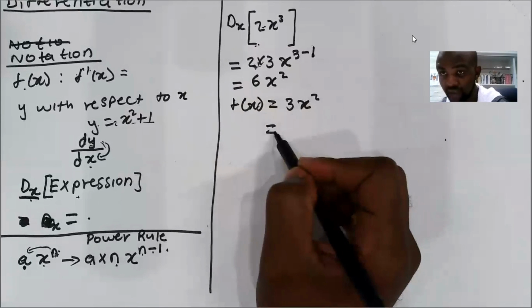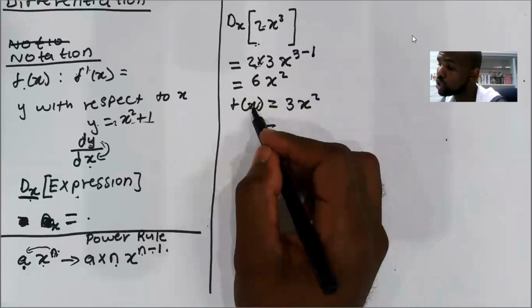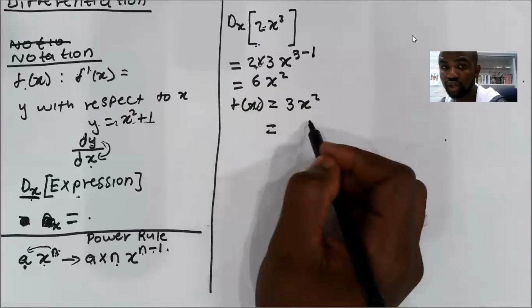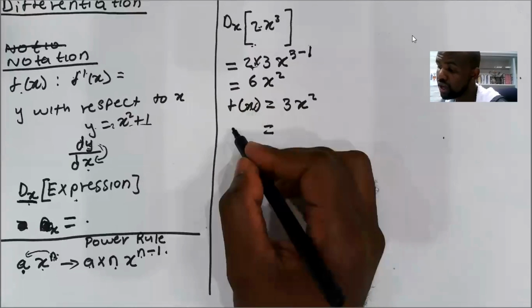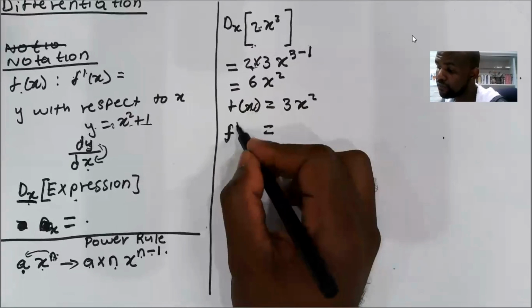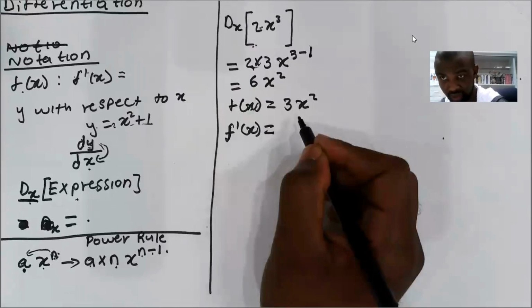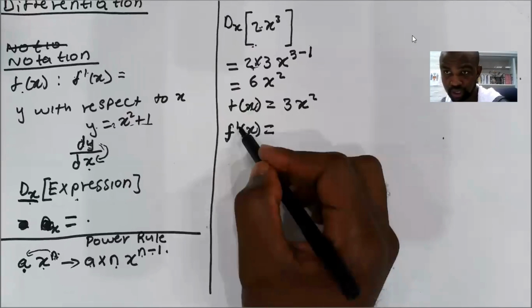Because if we derive, it is no longer equal to f of x. So we need to show that f prime of x, meaning now since we are already deriving. So this f prime x is very important.